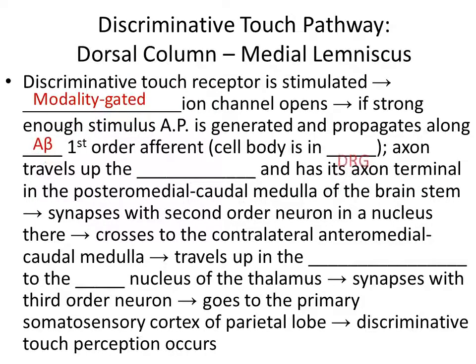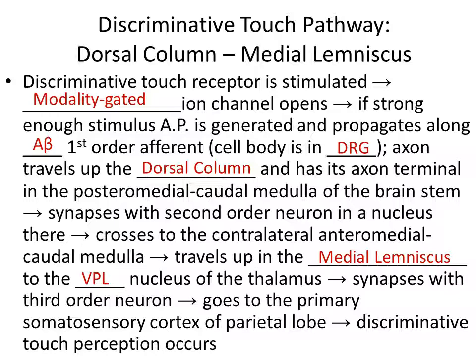So now let's talk a little bit about our pathway. For you read-write learners, this will be helpful to have in more of a text format. Our discriminative touch receptor is stimulated. This is going to cause a modality-gated ion channel to open. If we have enough summation, because we have a strong enough stimulus, we're going to generate an action potential.